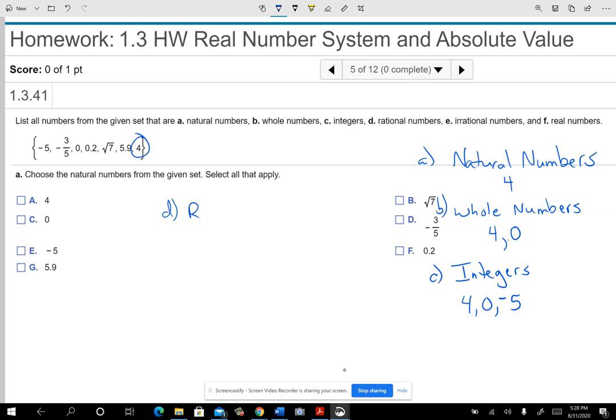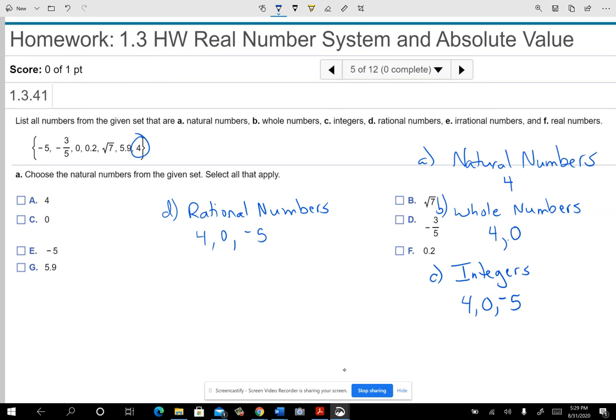Okay, let me move over to here. So for rational numbers, I would look for anything that could be written as a fraction. Okay, let me rewrite that real quick. All right, the 4, the 0, and the -5, the integers box is completely contained within the rational number box. That's trying to tell you that 4, 0, and -5 are also rational numbers.